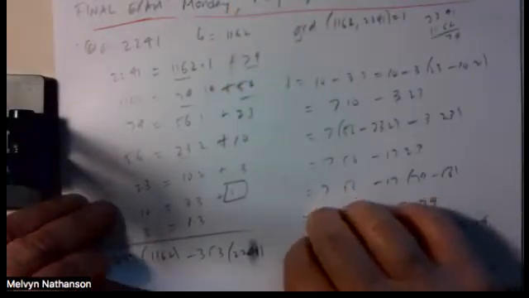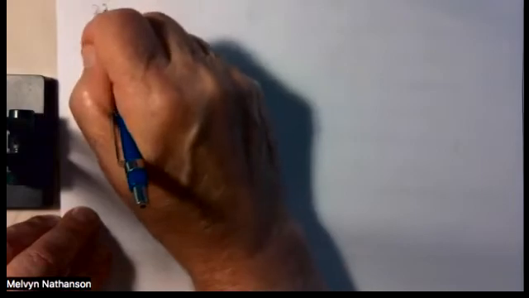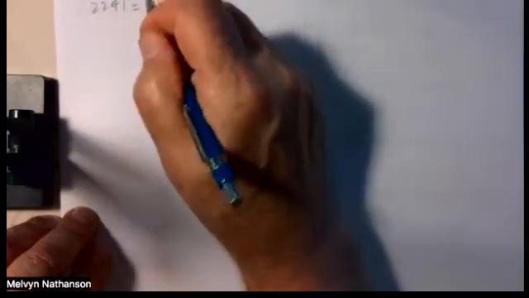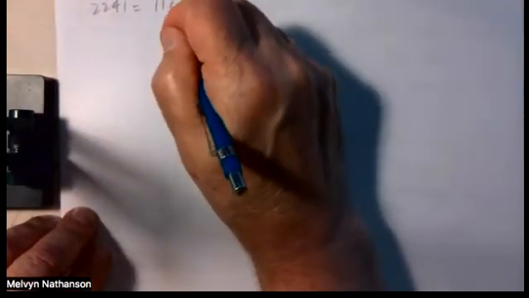So I'm going to start on a new piece of paper and hope I can do better. So 2241 is 1162 times 1, and the remainder is, I forgot to look at the thousands, didn't I? 1079.